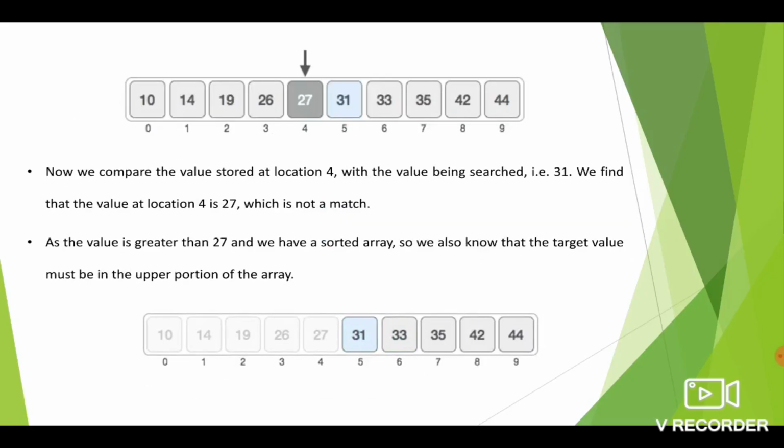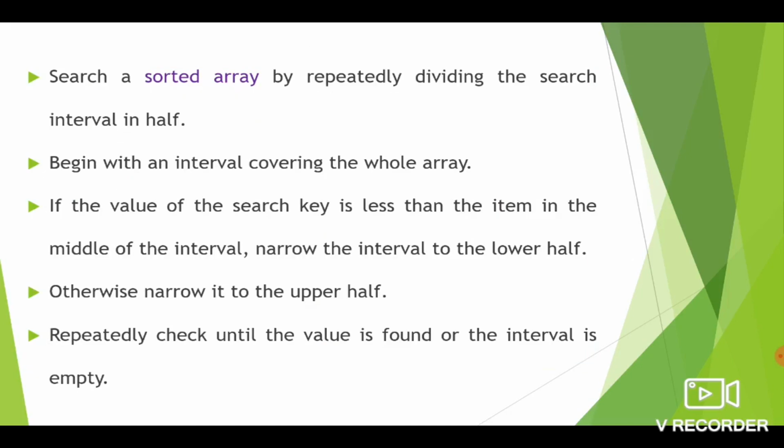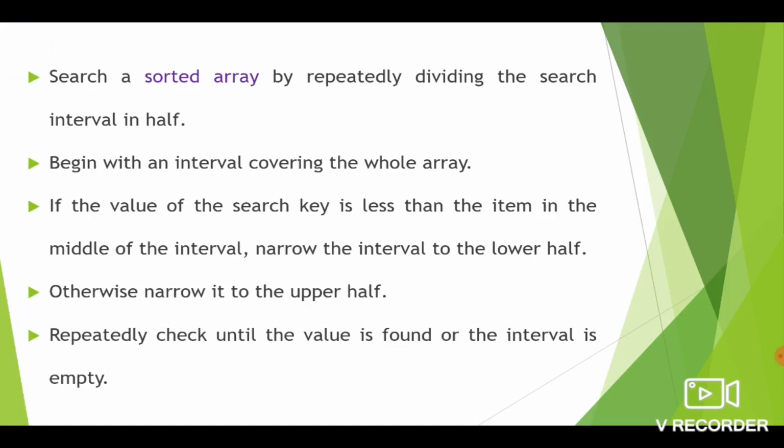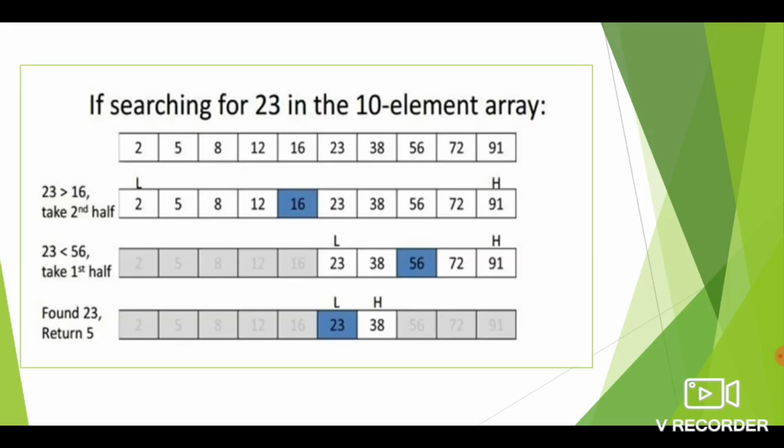So once again, what is binary search? It is one type of searching process. We have two types of searching, linear and binary. In linear search, all the elements are searched sequentially, one element after the other. Whereas in binary search, we find the middle element and compare our searching element with it.